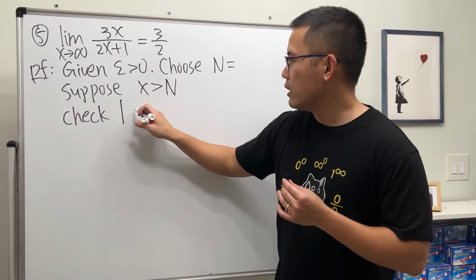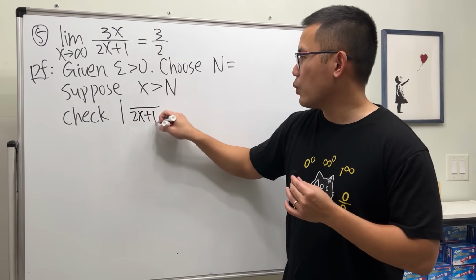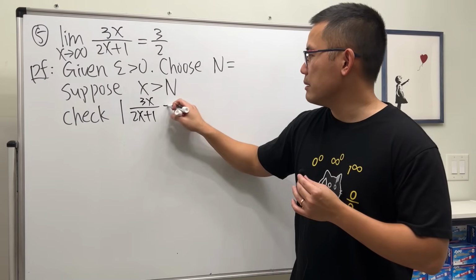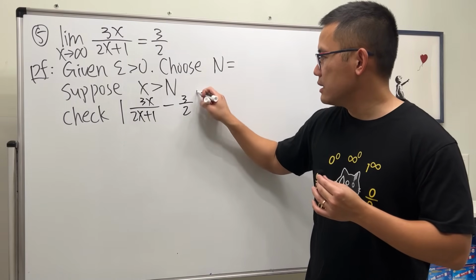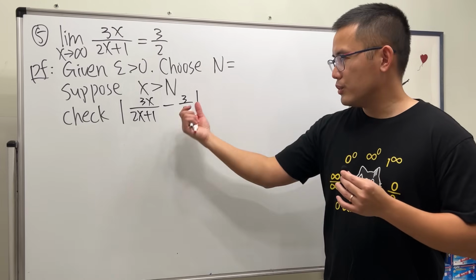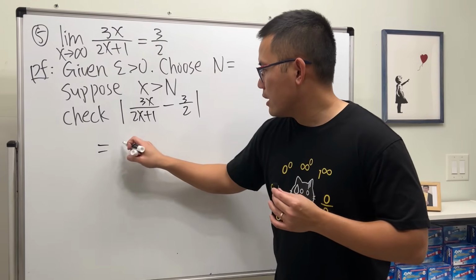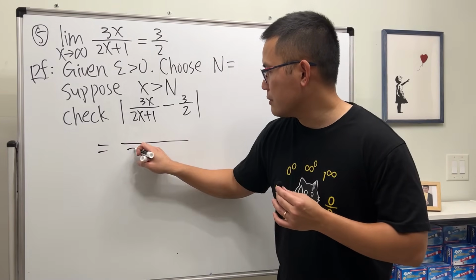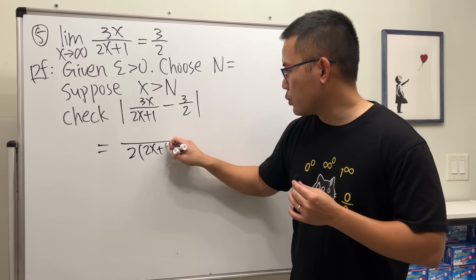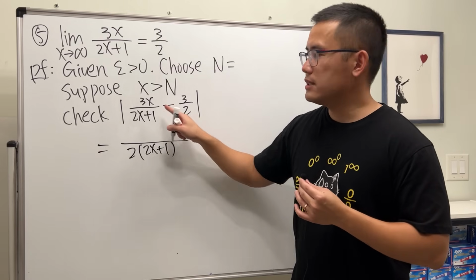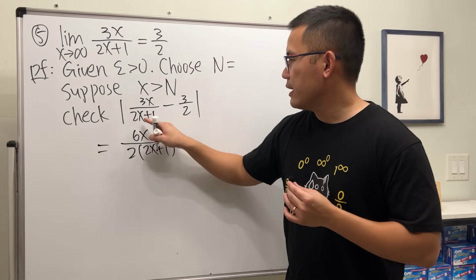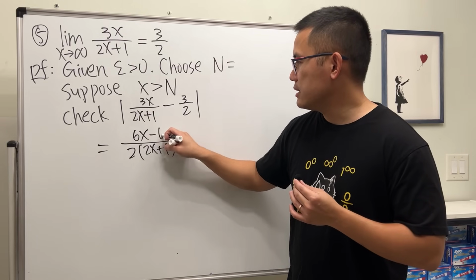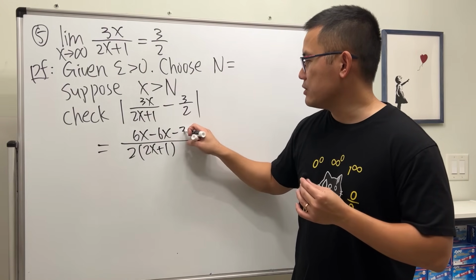So absolute value, we have 3x over 2x plus 1, and then minus this. All right, do the algebra. So I'm just going to multiply this and that on the bottom. So 2 times 2x plus 1. And I will do this times that, which is 6x. And I'll do this times that, which is negative 6x, and then negative 3.